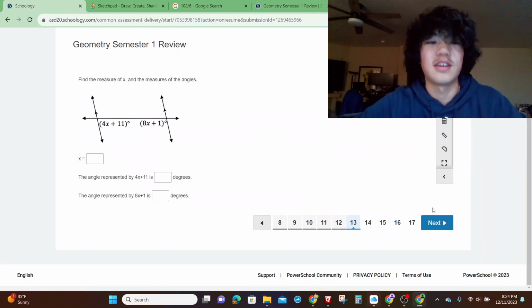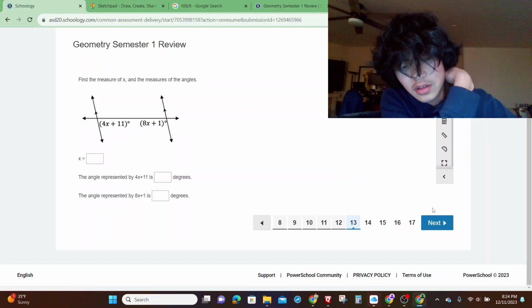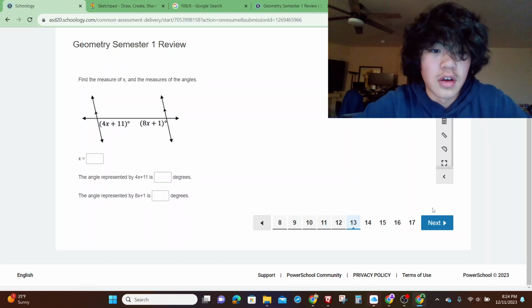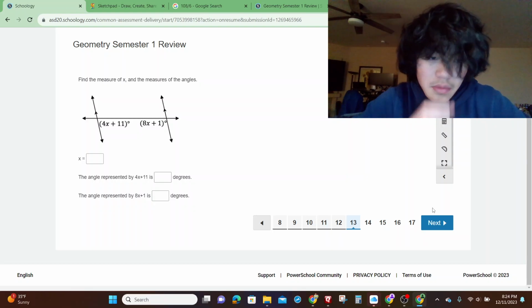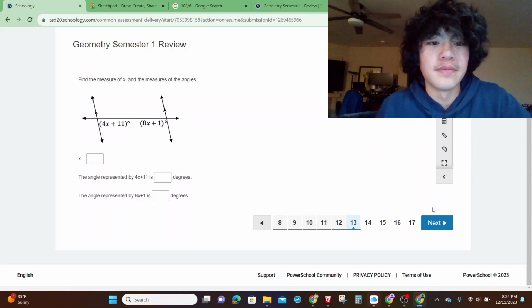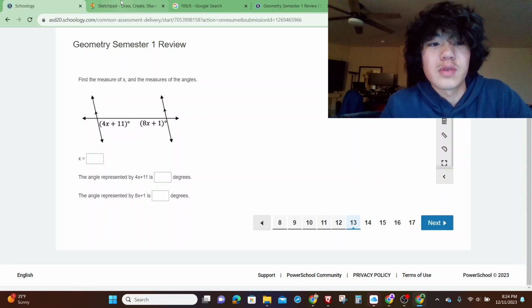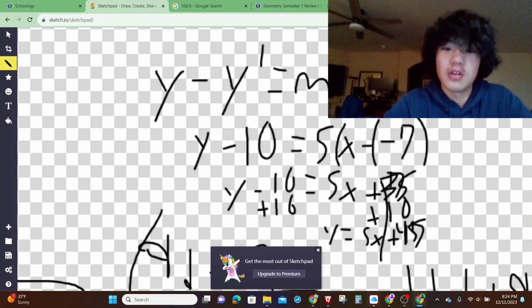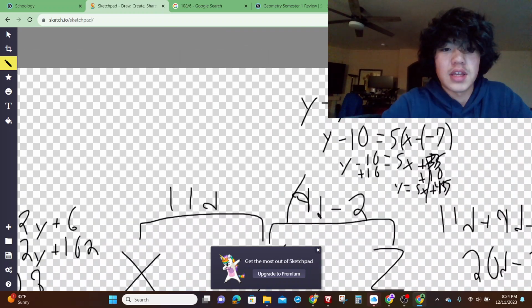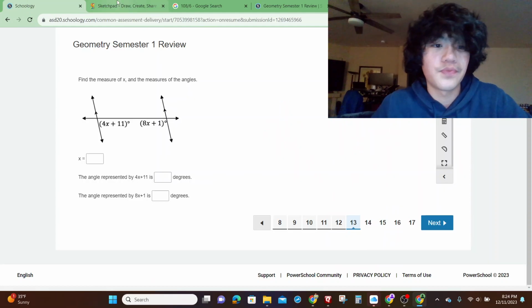Okay, now this one asks, find the measure of x and the measures of the angles. Alrighty then, let's take a look. So let's think to ourselves, what can we do here? Let's paint a mental image. So let's draw this problem.